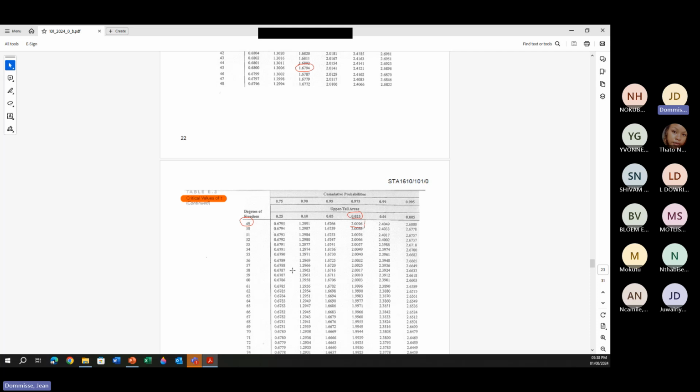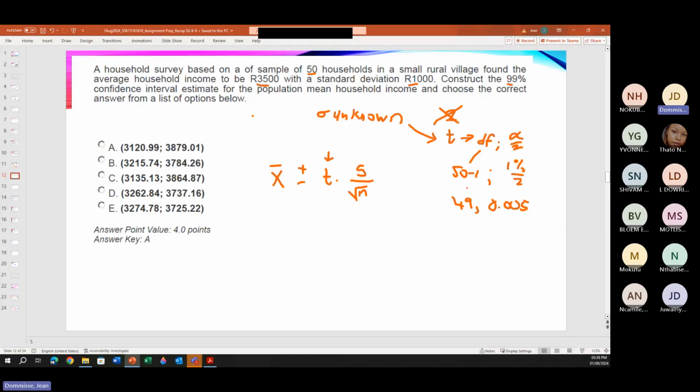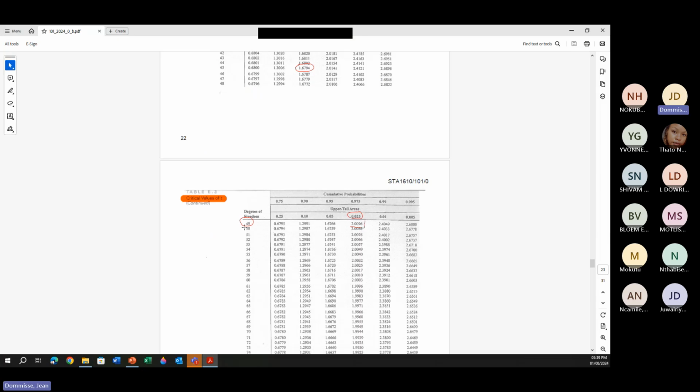So it seems we have probably used some of this previously. Degrees of freedom 49, and we have 0.005. Obviously we used that for another question last time.